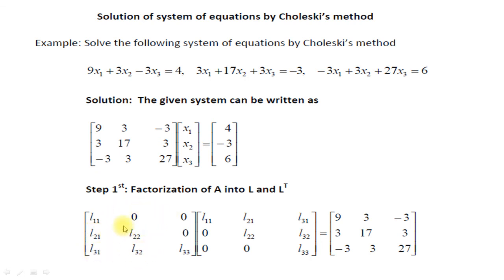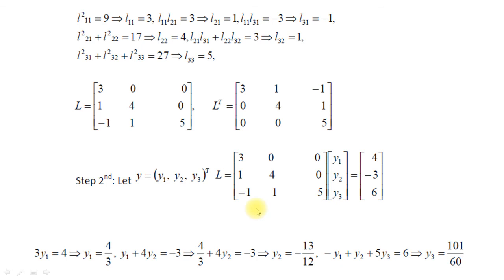So when you find these 6 unknowns, putting them in this matrix, you will obtain the lower triangular matrix, and taking directly the transpose of the lower triangular matrix, you can easily find the upper triangular matrix. So this is the L matrix and this is the upper triangular matrix, which is actually the transpose of the lower triangular matrix. Now use step number 2, LY is equal to B. This is the lower triangular matrix, this is the unknown Y matrix, and this is the B matrix.